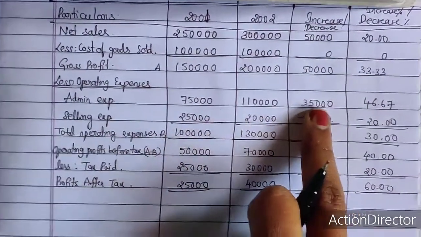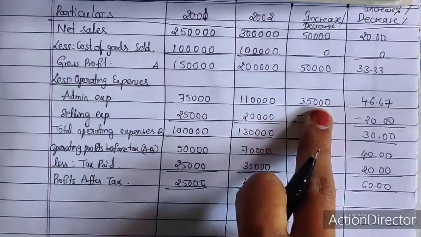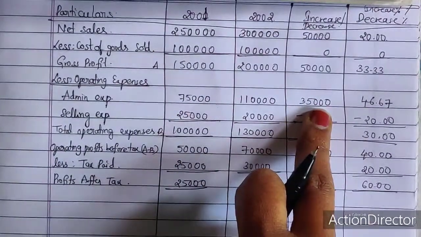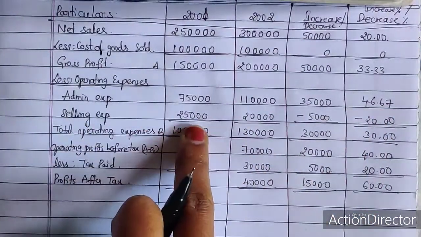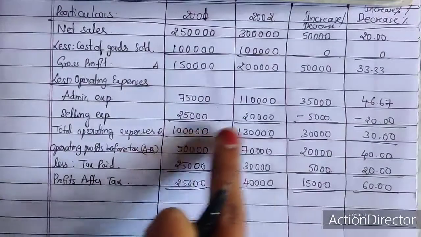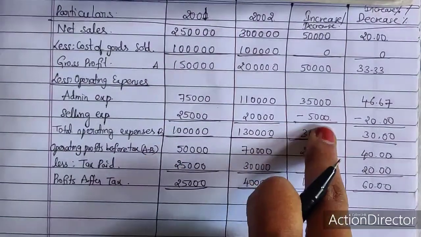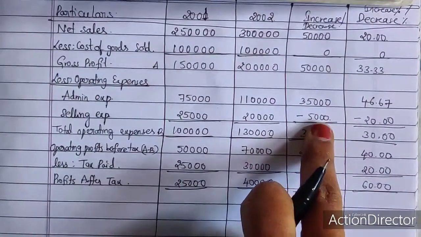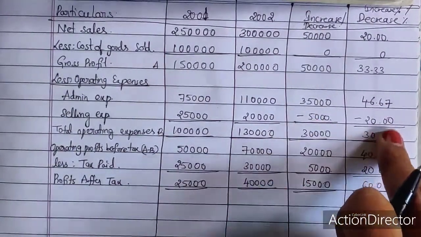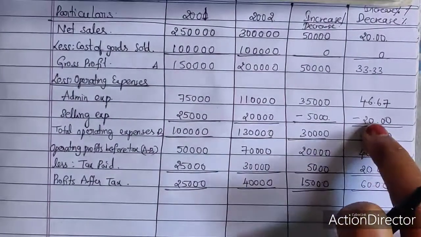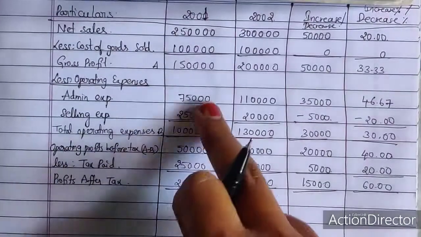So here there is an increment, that is 75,000 to 1,10,000. It increased by 35,000. And we need to find out the percentage also. And selling expenses, in 2001 it is 25,000, in 2002 it is 20,000. So here we have a decrease, that is minus 5,000. So this also we have to find out, how much percentage of decrease we got, that we have to note here. So total operating expenses we need to find out.